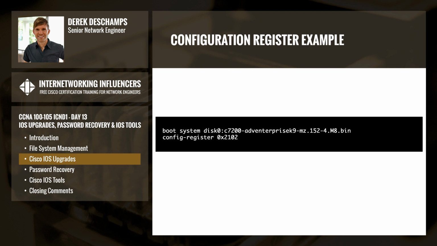Now when the device boots, it will load the Cisco IOS image that is specified by the boot system command. If the image is not found, the device will load the first image in the default flash file system. If an image is still not found, the device will boot into raw monitor mode.